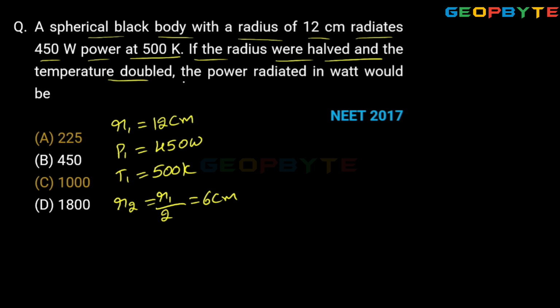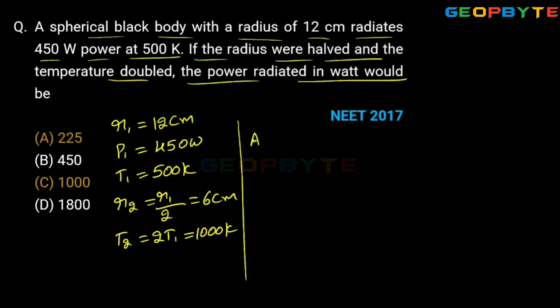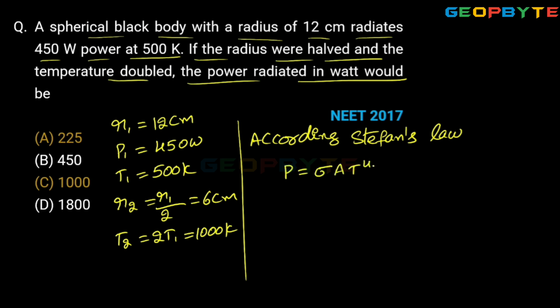And the temperature is doubled, T2 equals 2 times T1, which is 1000 Kelvin. What would the power radiated in watts be? According to Stefan's law, the radiated power P equals sigma into A into T power 4.